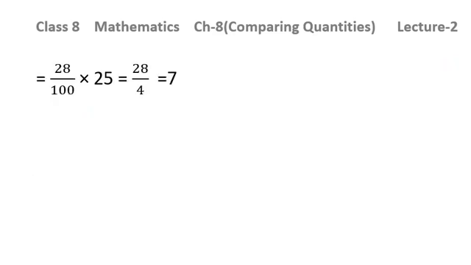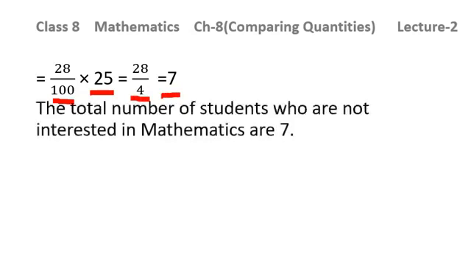So that will be equal to 28 over 100 into 25, and after cancelling 25 over 100 you will get 28 over 4. So the answer will be 7. So the total number of students who are not interested in mathematics is 7.